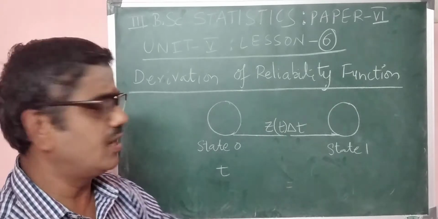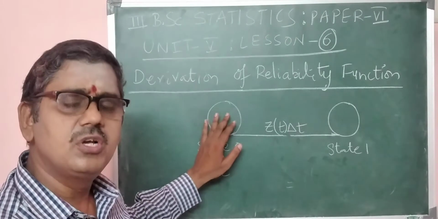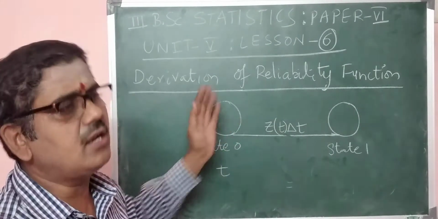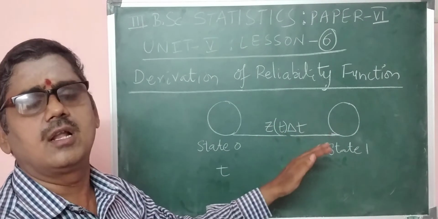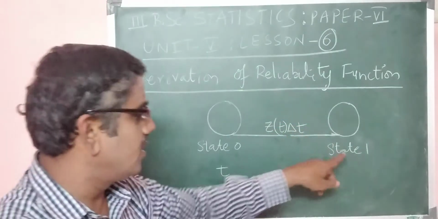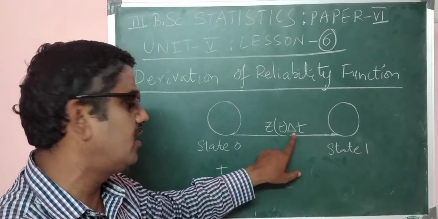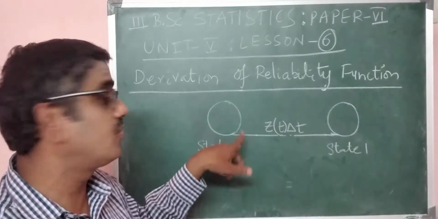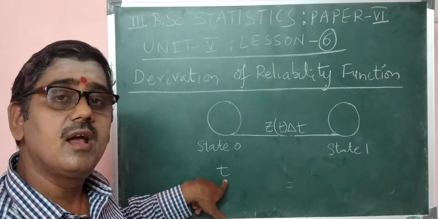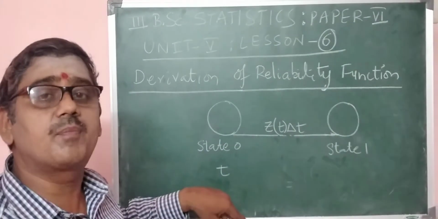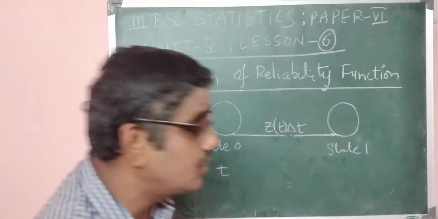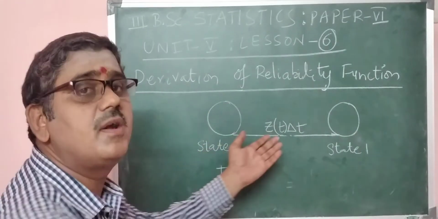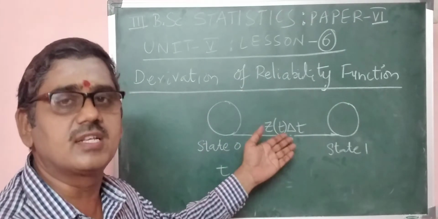After reaching t, it is at state 0, and it not surviving, that is, at state 1, is z of t into delta t, that is the probability. The probability of a component surviving up to the time period t and also surviving in the time period delta t is calculated by the simple complementary probability of 1 minus this.